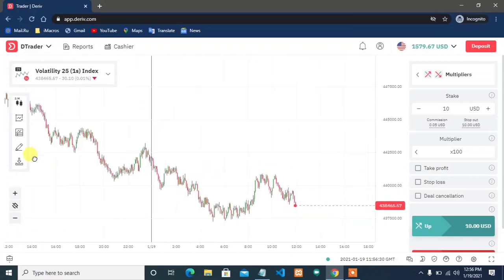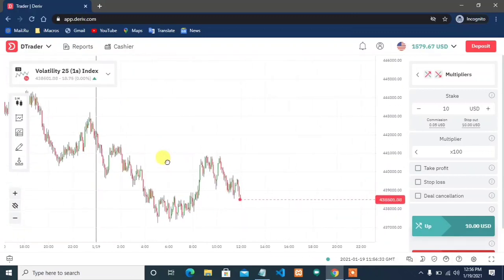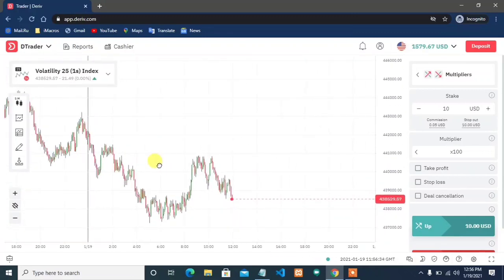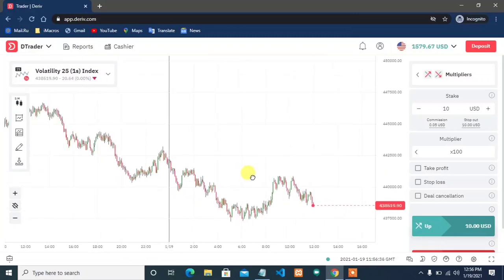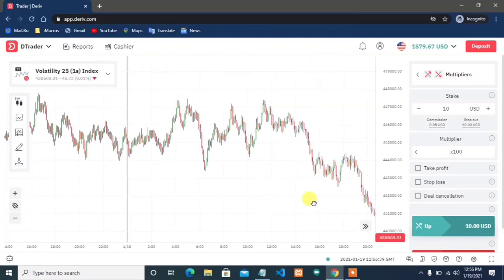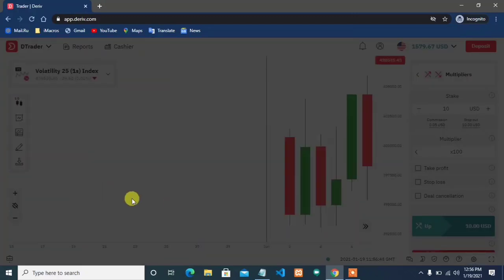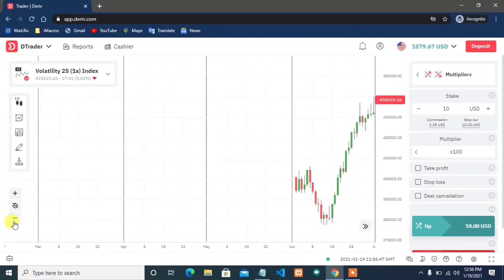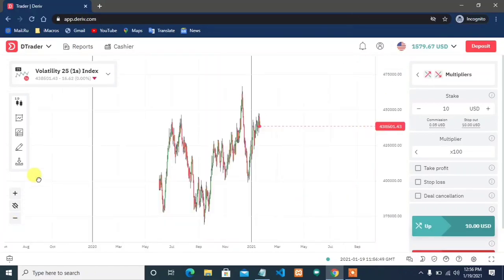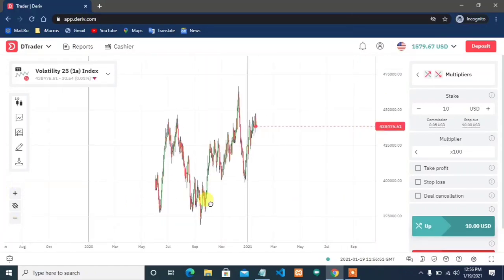This is on 5 minutes. Okay. Let's go to the daily time frame. Let's see what is happening on the daily time frame to see if we can sketch out a support or a resistance line and even a trend line.